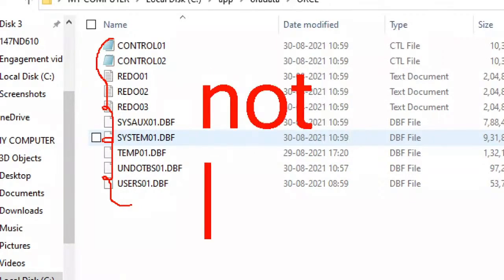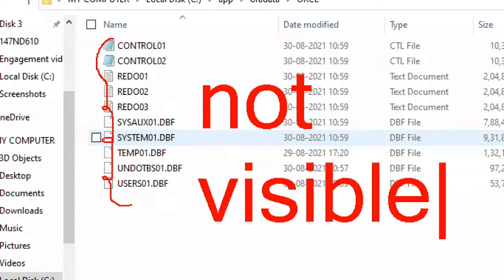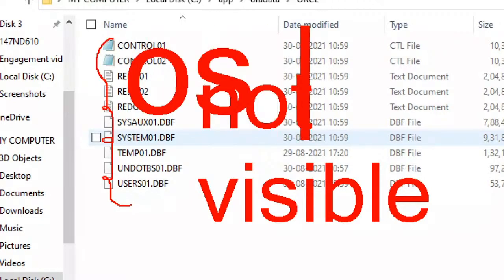You are observing or not? This is not visible. That's why a structure which is not visible in the operating system, OS, is called a logical structure. Very, very important. Tables are not visible in the C drive, D drive. Views are not visible in the C drive, D drive, E drive. Indexes, functions, procedures are not visible. That is visible in a database, I agree, but unfortunately not visible in the operating system.